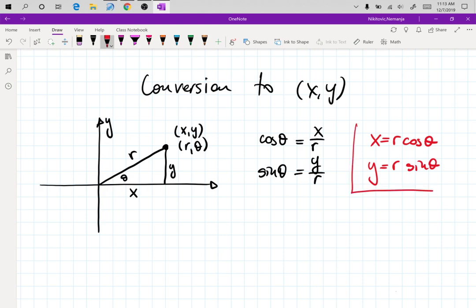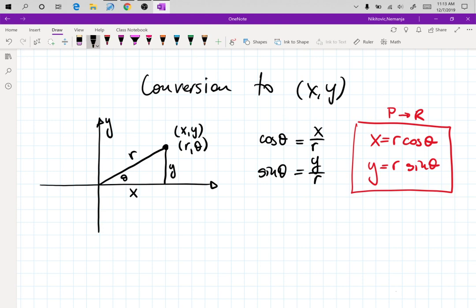And these two together create a conversion from polar to rectangular, because common sense, right? You have r, you have theta, and you are computing one at a time. You compute x first, then you use the same r and theta to compute the y. So that has to be conversion from polar to rectangular, because for each one of the dimensions of rectangular, both polar are given to you.